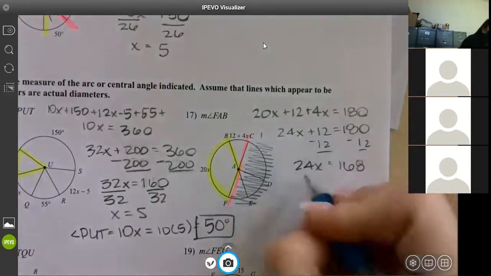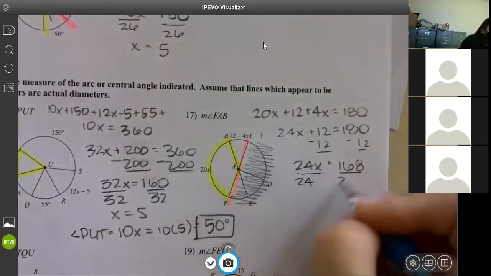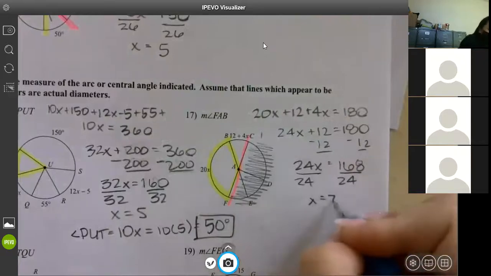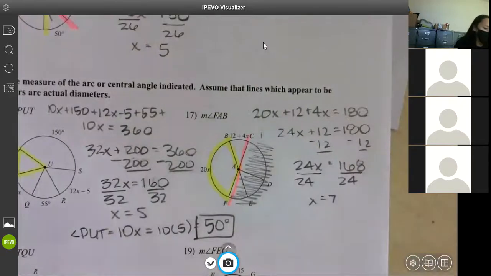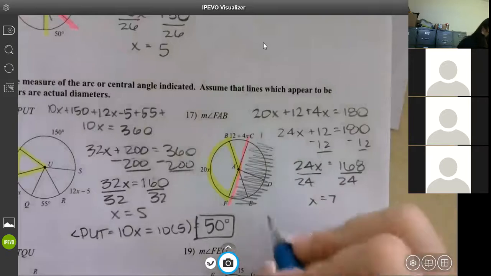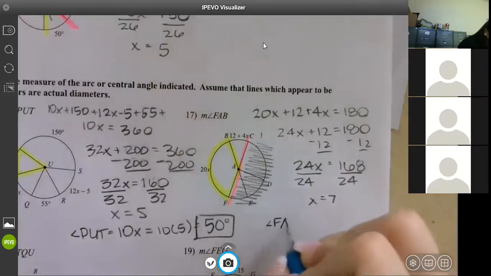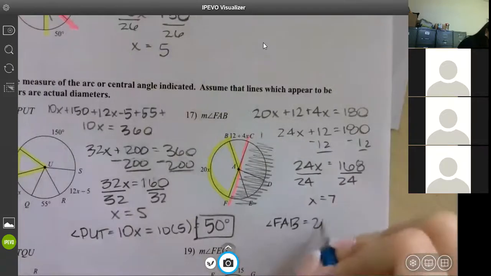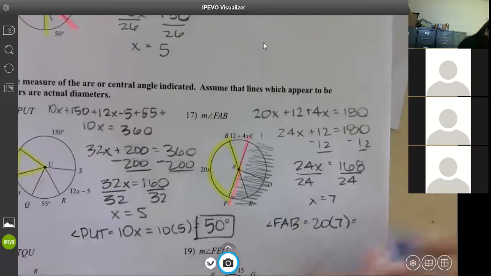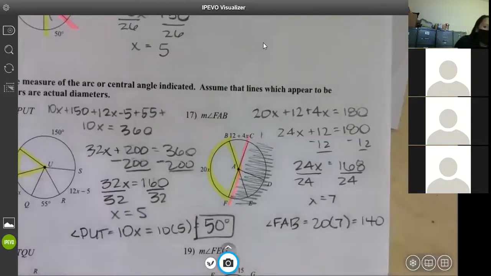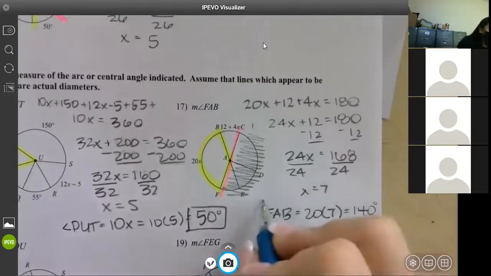We're going to divide by 24. We get x equals 7, but it doesn't want 7. What does it want? Angle FAB, which is 20 times 7, or 140 degrees.